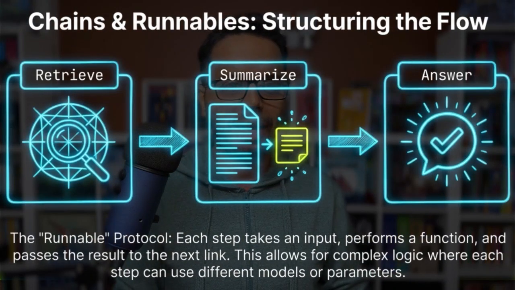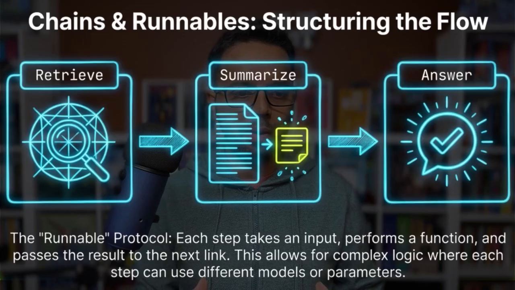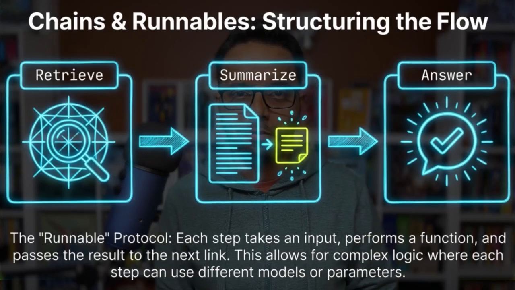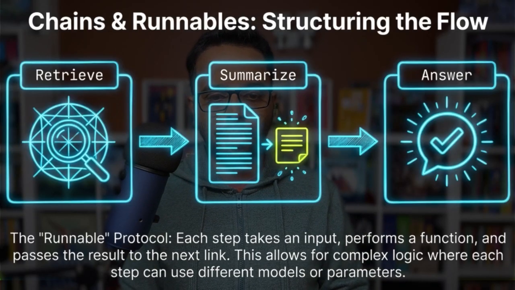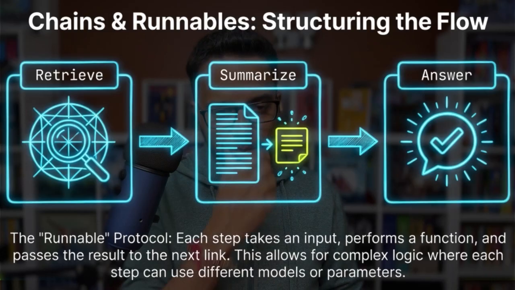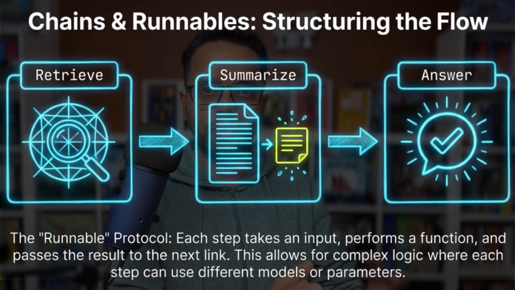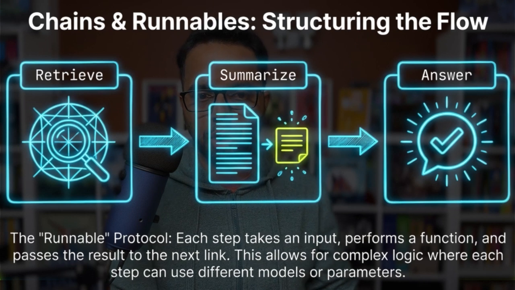And now if we look at how it works, the runnable protocol, which is one of the primary protocols of LangChain, binds all these things together and runs them as a chain. So it's basically a combination of one or two of the four that we discussed, or all four together.